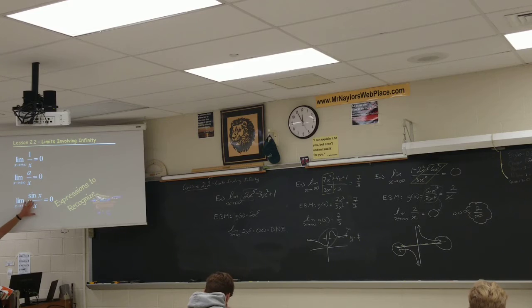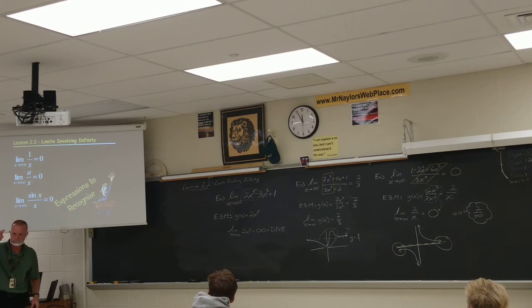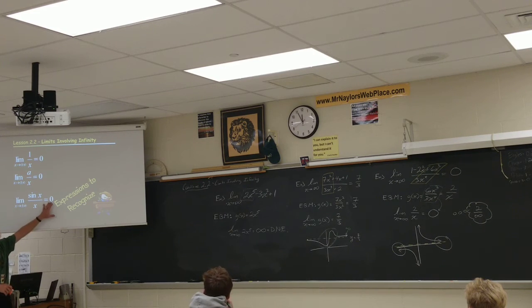So sine of x over x, that's a graph. It's kind of a weird graph because it does this. And as it does this, it keeps dampening until it gets closer to a y value of 0. So we're picturing that graph that is slowly but surely getting closer to 0. Okay, that's really what that statement means.